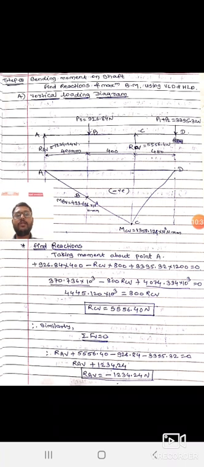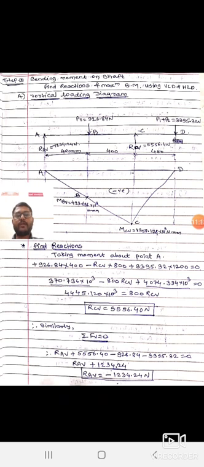We have RAV, one force acting vertically upward, plus 5556.40, that is RCV that we have already calculated, minus 926.84, minus because this force goes downwards, minus again P1 plus P2, that is 3395.32 Newton acting downward, that's why we take it as negative.